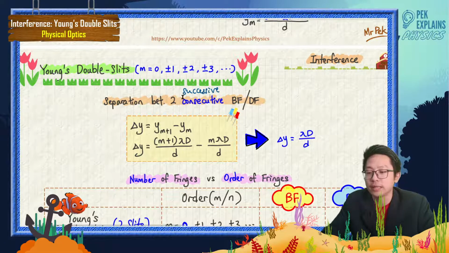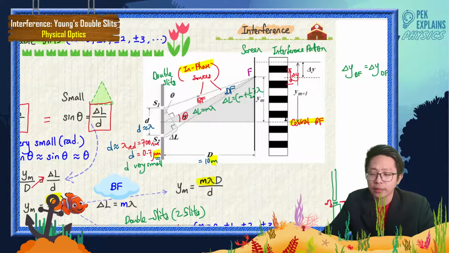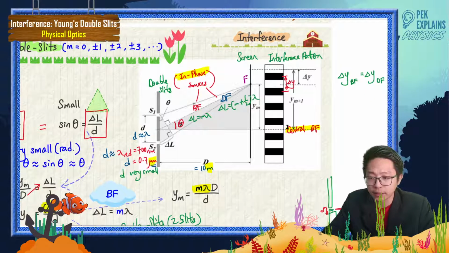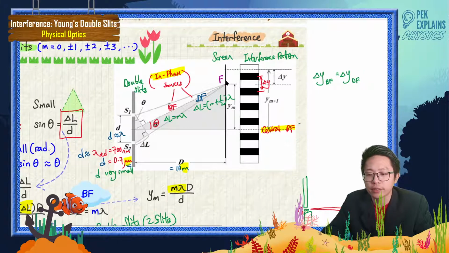Next to each other. Two consecutive or two successive bright fringes or dark fringes. This is how we get delta Y. You see this one, this is the central bright fringe, which is actually the zero order bright fringe.